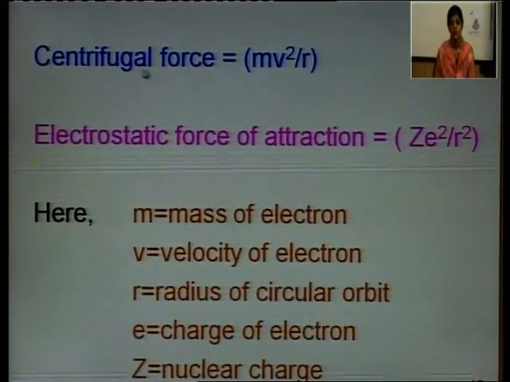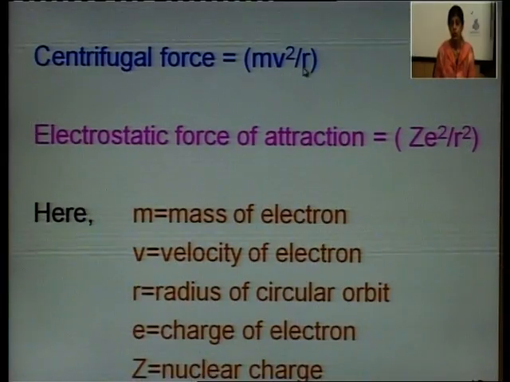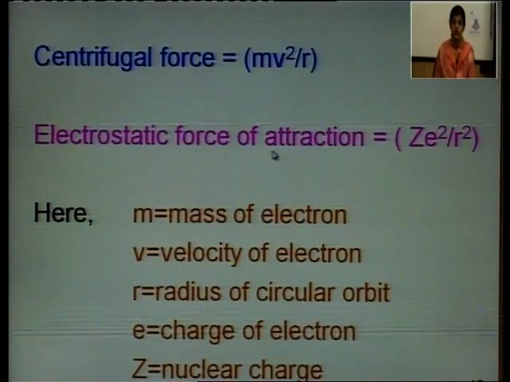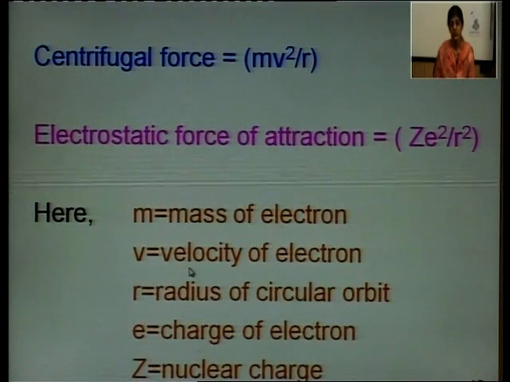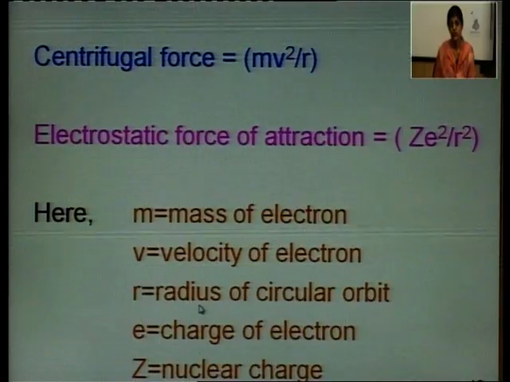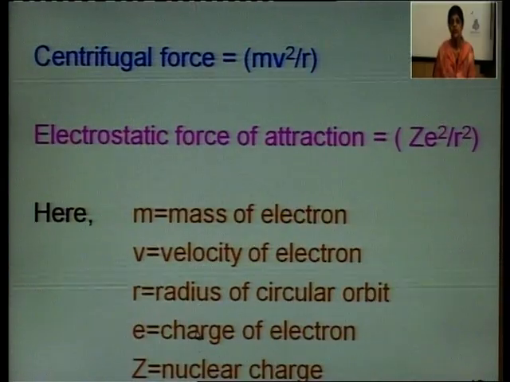The centrifugal force is given by the formula mv square upon r, and the electrostatic force of attraction is given by the formula Ze square upon r square, where m is the mass of the electron, v is the velocity of the electron, r is the radius of the circular orbit, e is the charge of the electron, and Z is the nuclear charge.